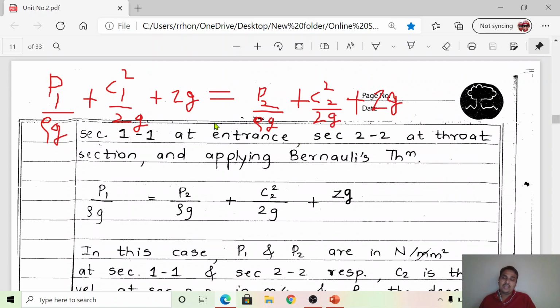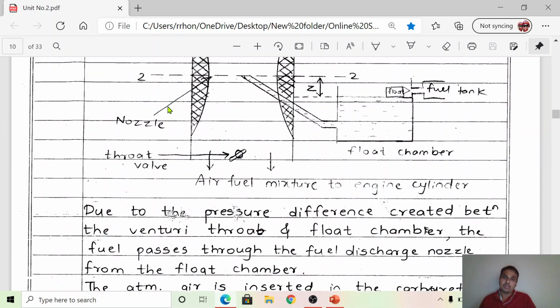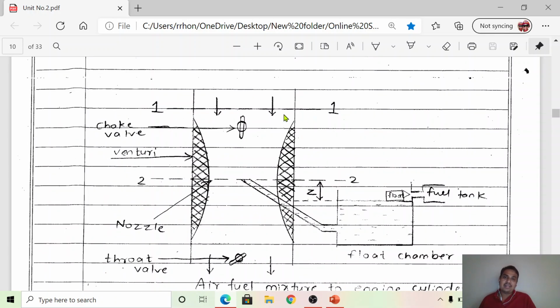So now in this case, what we have considered is that the value of initial velocity, that is C1, is equal to 0. If C1 is 0, then this term becomes 0, as well as Z is not applicable for section 1. There is no use of this particular height, because this height is applicable at section 2, and this is majorly for the fuel, and we are writing the equations for air.